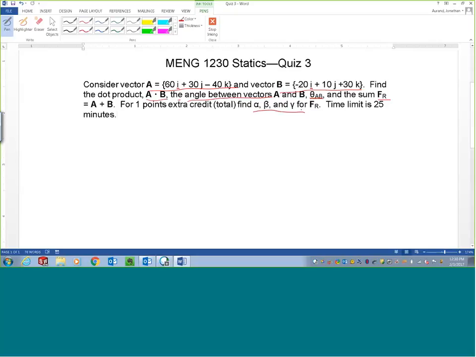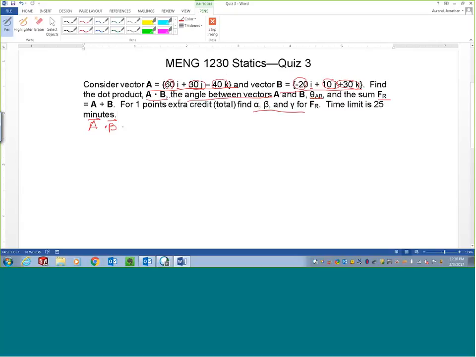So starting with the dot product, we'll have A dot B going to be the product of the I components plus the J components plus the K components.